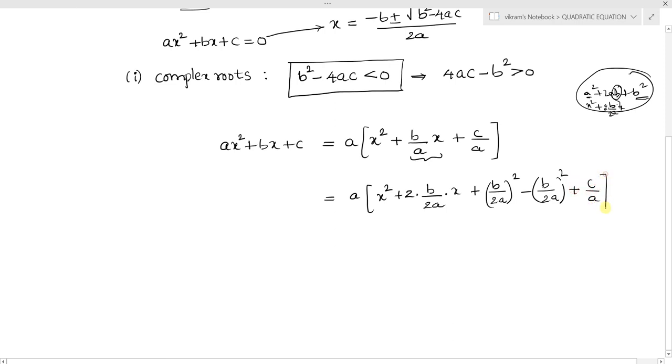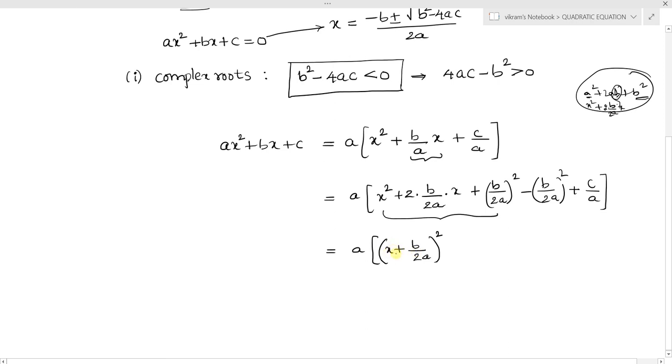Now we can write this as a times x plus b by 2a whole square. Is it clear? So a square plus 2ab plus b square is in the form of a plus b whole square.